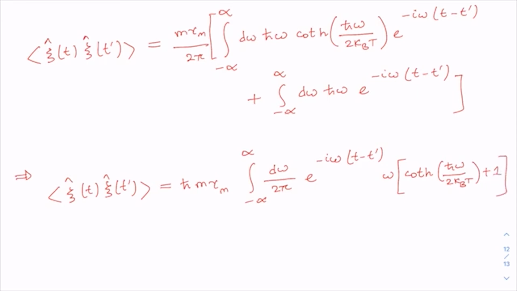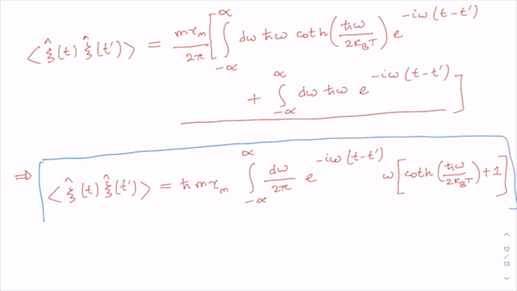I'm just simplifying this expression, and this is very popularly and very frequently used as the second order moment, or the autocorrelation function, for the quantum Langevin noise.